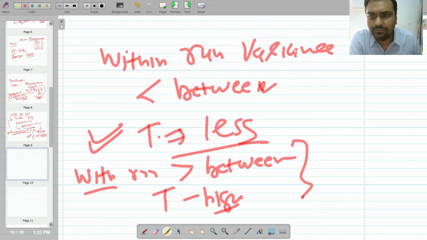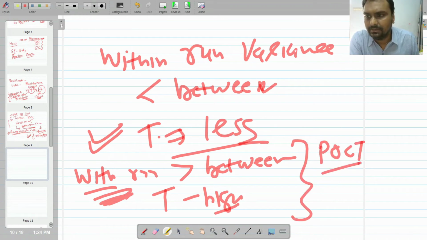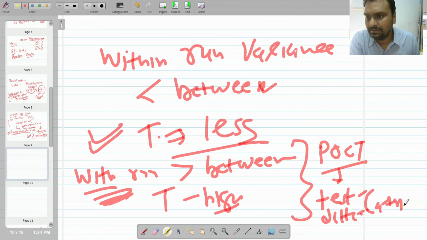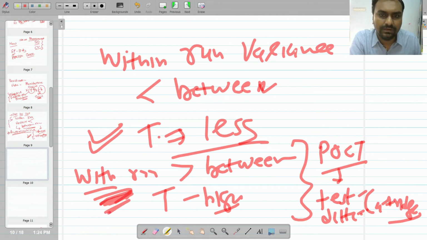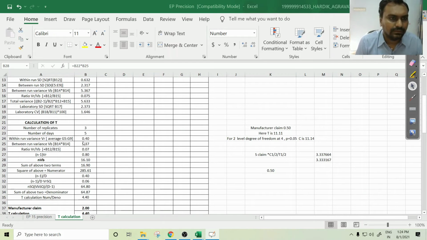And in which scenario will we get high within run variance? Like point of care testing, where for every test we have a different cartridge. So in that case, within run variance will be higher. Here, the within run variance is lower than the between run variance, so the T value will be less.